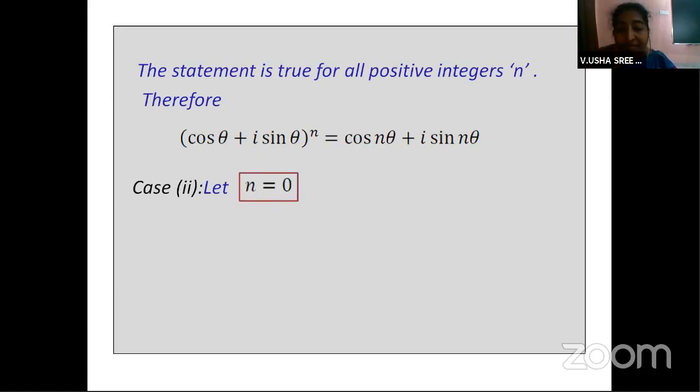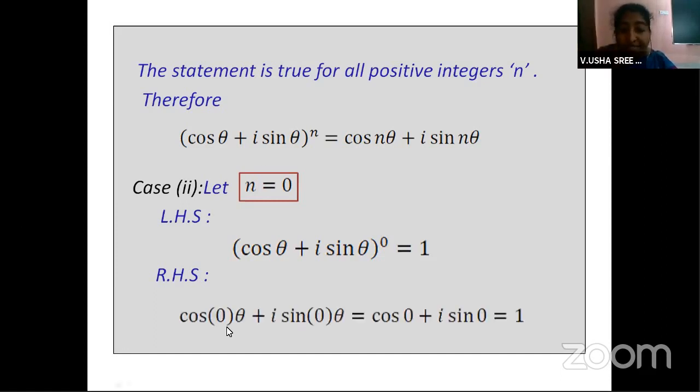When n is equal to 0, let us take the LHS part of the statement. Then (cos theta plus i sin theta) whole power 0. That means instead of n, you are putting 0, children. Anything power 0, it is 1, isn't it? So your LHS is 1. Then take RHS. Your RHS is cos, instead of n, you're just substituting 0.